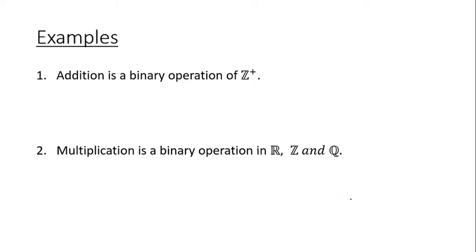Let's consider some more examples of binary operations. This is addition acting on positive integers. So let's say star is an operation which acts on positive integers. What is a star b here? That would be a plus b. A and b are positive integers, so if you add those two integers you will get another positive integer.